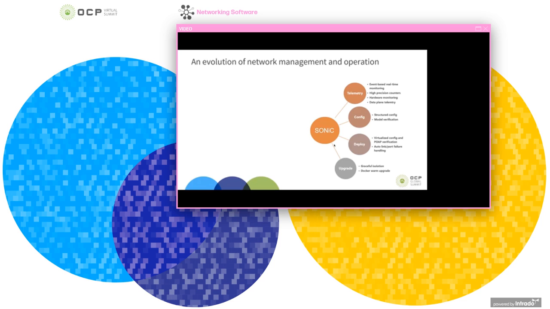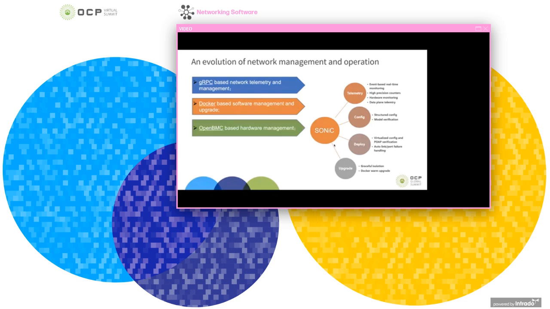There are several key features. One, we move the network telemetry and management from the traditional command line interface into a gRPC-based system. We use Docker-based software management and upgrade. We use OpenBMC for hardware and environment management. We also build customized protocols and tools for our operation efficiency.